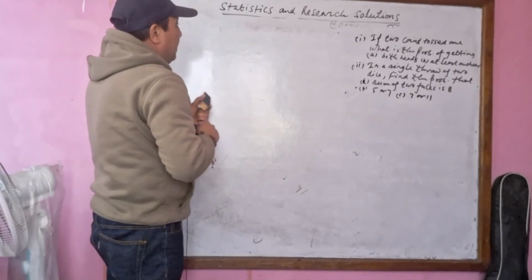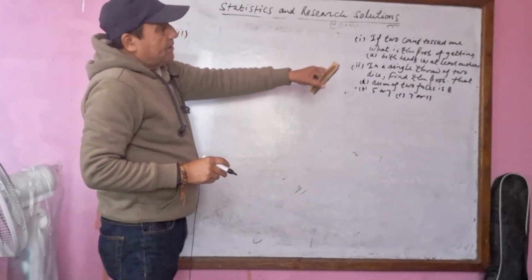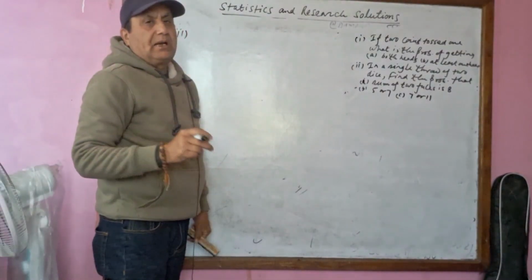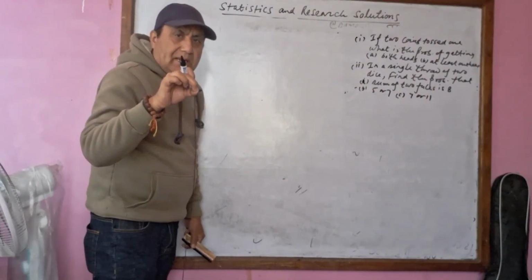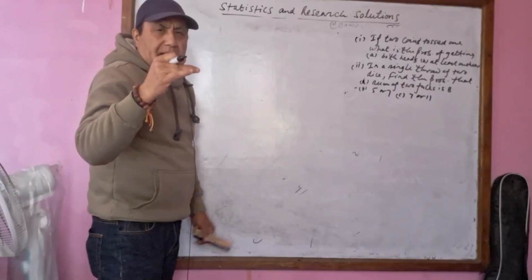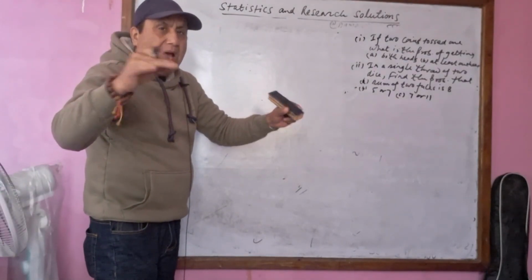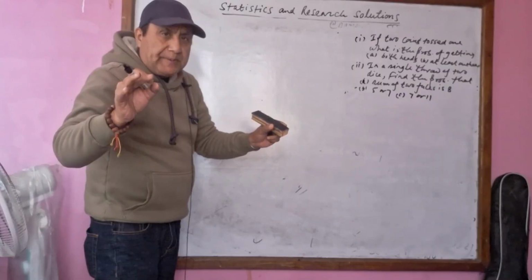In a single throw of 2 dice, in one dice, how many sample points are there? 6. The total number of exhaustive cases is known as the sample space.